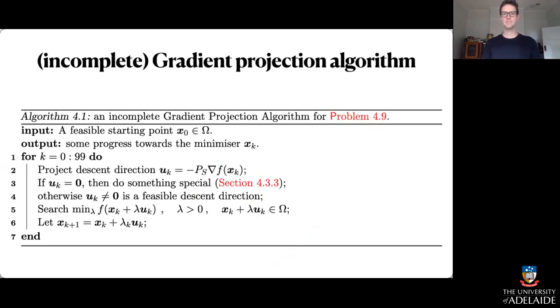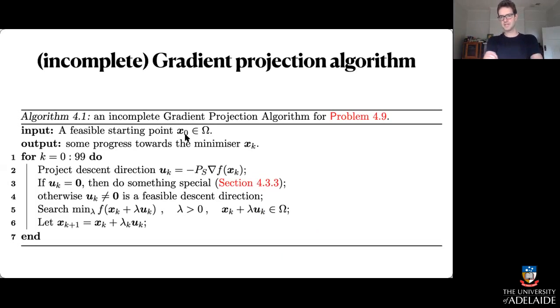So with that in mind, here is the outline of the gradient projection algorithm. This is incomplete because there's a few things that we don't flesh out fully just yet. For starters, here's the idea.